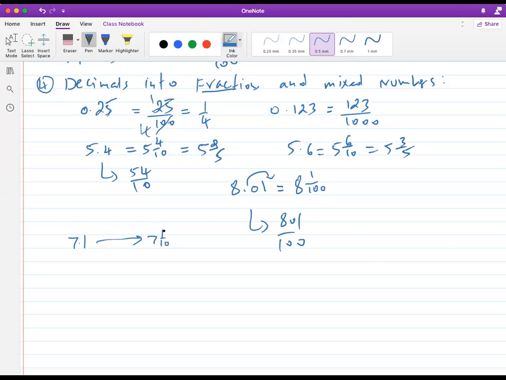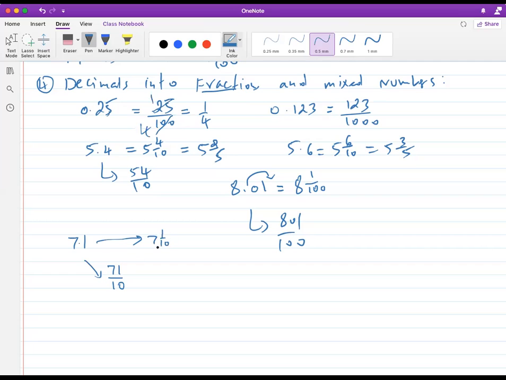That's the mixed number. See if you can reduce this fraction. You can't reduce. What if you want to turn this into an improper fraction? That's when you move the decimal once. Here we moved it twice; here we only have 1 digit. So it would be 71 over, if you move it once, 10.